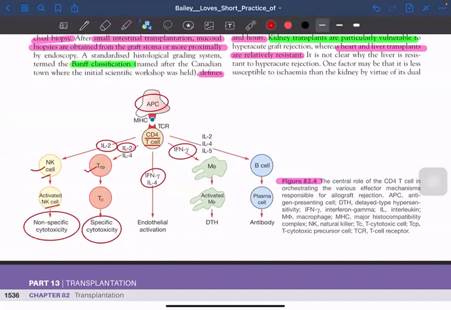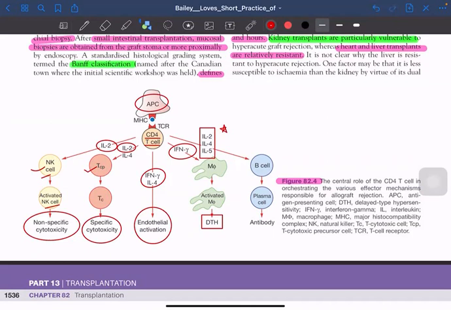The effector CD4 T cells release interferon gamma, and they may directly cause endothelial activation. Interferon gamma may also cause delayed type hypersensitivity. And the action on B cells is with interleukin 2, interleukin 4, and interleukin 5, a very important point.